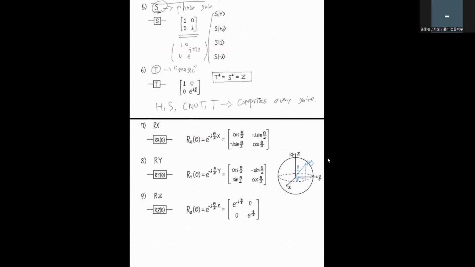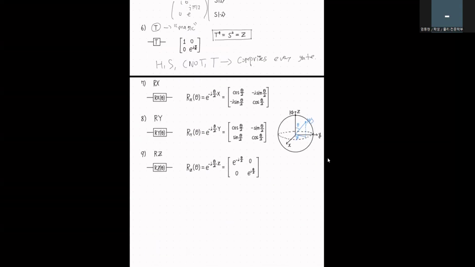So moving on to the other gates, we have what are called X, Y, Z rotation gates, which are basically generalized versions of the X, Y, and Z gates. What these do, basically, is rotate our state along an axis, so along the X, Y, and Z axes, by a certain angle.